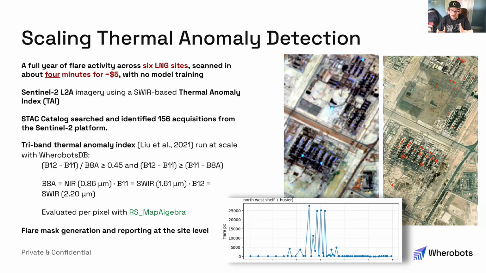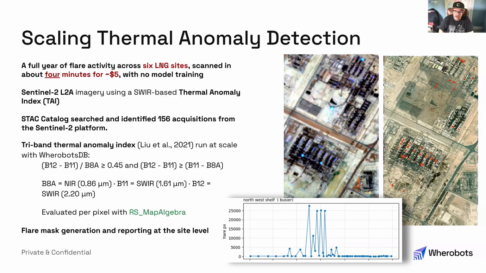This would be very retrospective, but you can automate this to check every single site every single day, looking for the most recent Sentinel overpass and doing the same workflow. This is extremely plug and playable in terms of what the sites are. As you saw at the beginning, it's just a GeoJSON data set. You could drop in a new GeoJSON data set every single day, and have it process the same GeoJSON data set every day for the latest imagery.